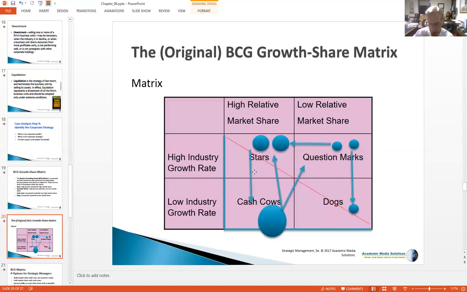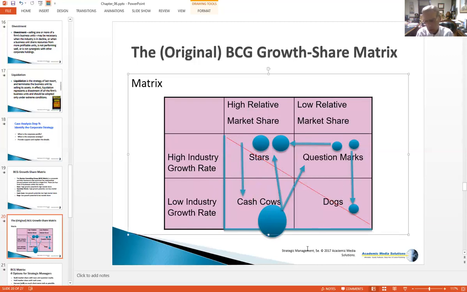I'm trying to find a place where this will work the best, but I guess maybe over here was fine. What we want in a BCG matrix is a graph that looks sort of like this, a well-balanced portfolio.